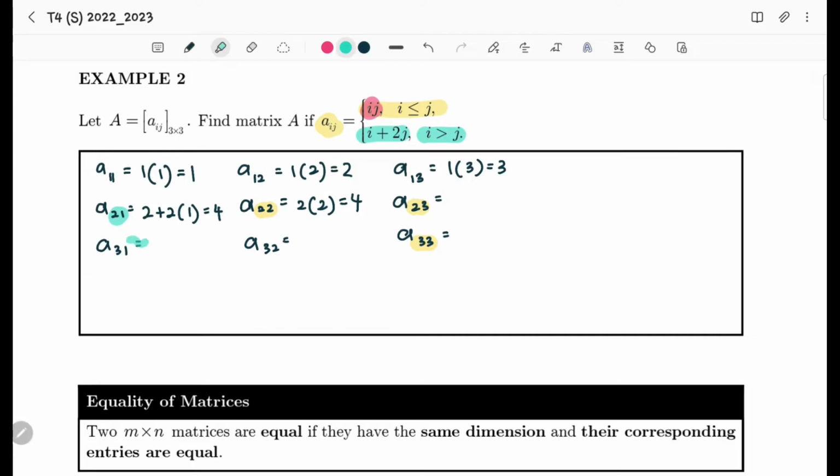And then the rest will follow the second function. That will be easier for us to do the calculation. So 3 times 3 is 9. Then this one, i plus 2j.